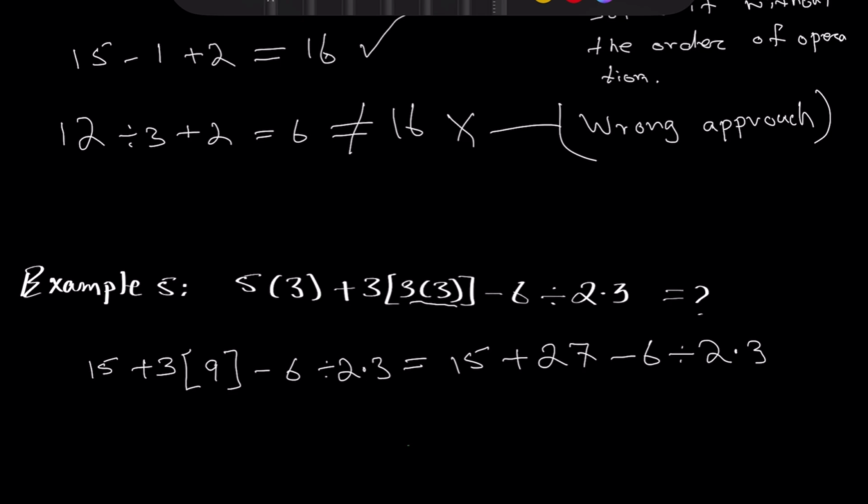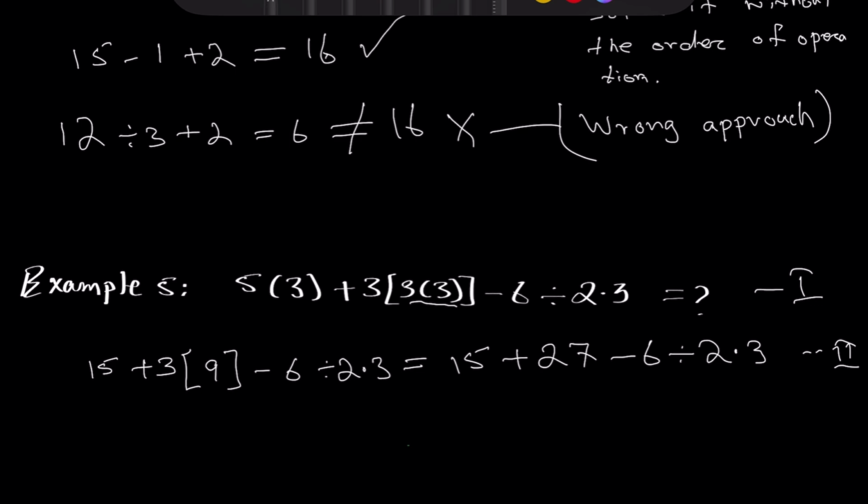So this is the equation that we want. We have addition, subtraction, division, and multiplication. In this case, we follow multiplication first, division second, addition and subtraction later. Let's call this equation 1 and this equation 2. In equation 1, you always choose the parentheses.